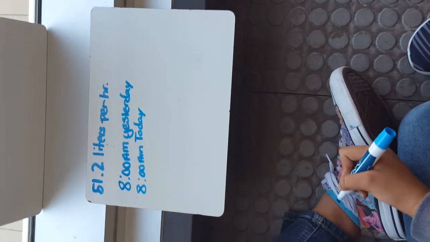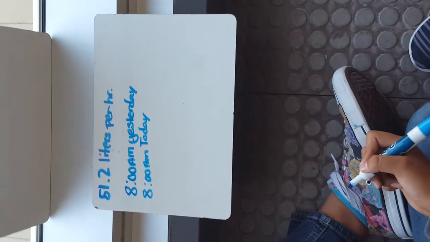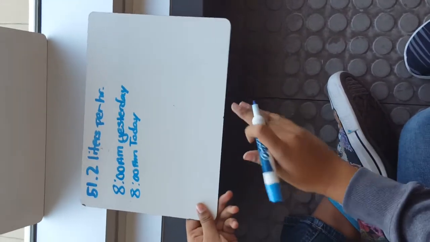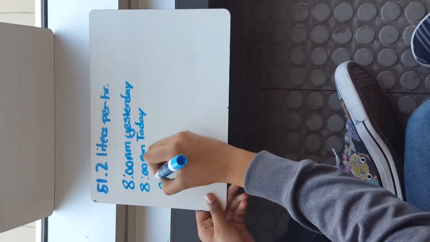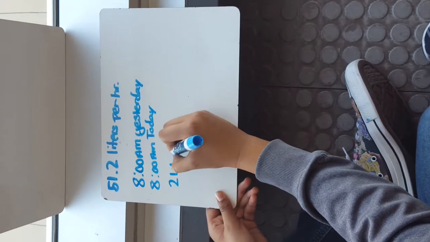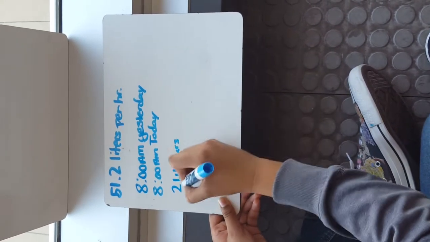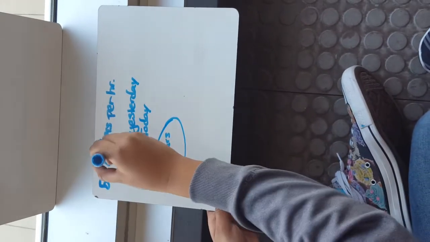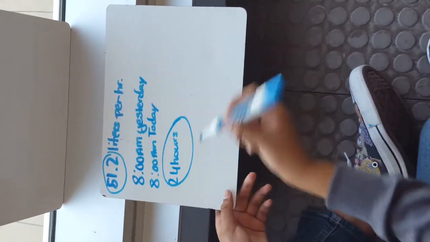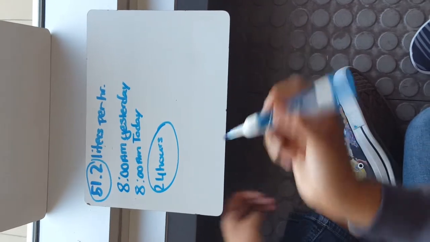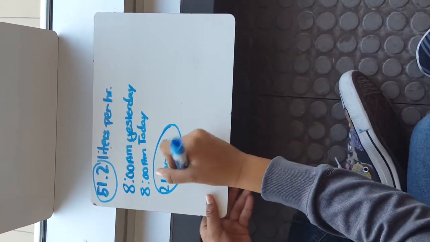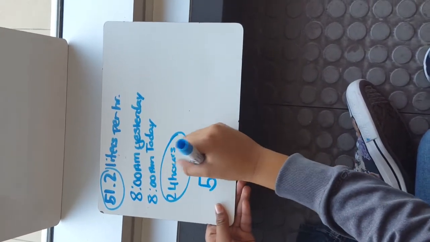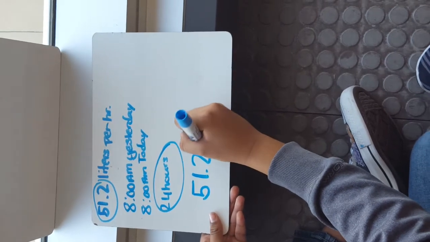So, in between 8 a.m. yesterday and today, that would have been a range of 24 hours total. So if you have the 51.2 liters per hour, you would be multiplying 51.2 by 24.